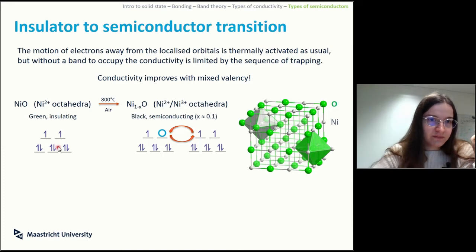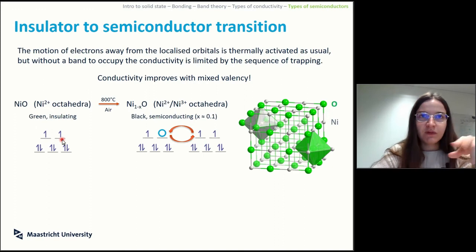When you have nickel oxide with nickel 2 plus, given the oxidation state and the electronic structure, you end up with this d8 arrangement. If you count 2, 6, 2, 4, 6, 8, that's your d8. This is green and insulating. Why is it green?